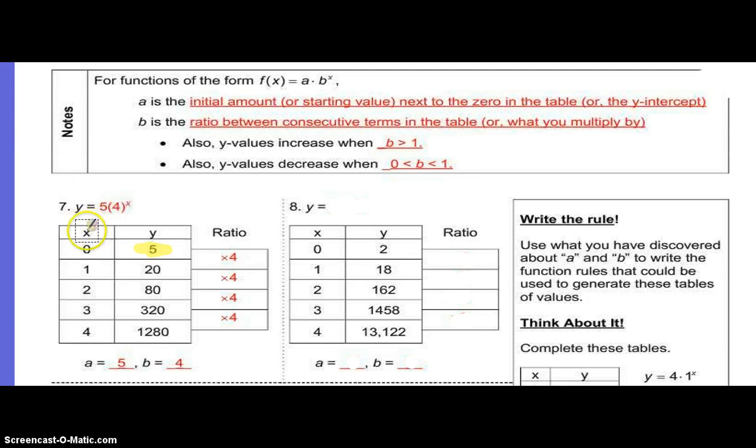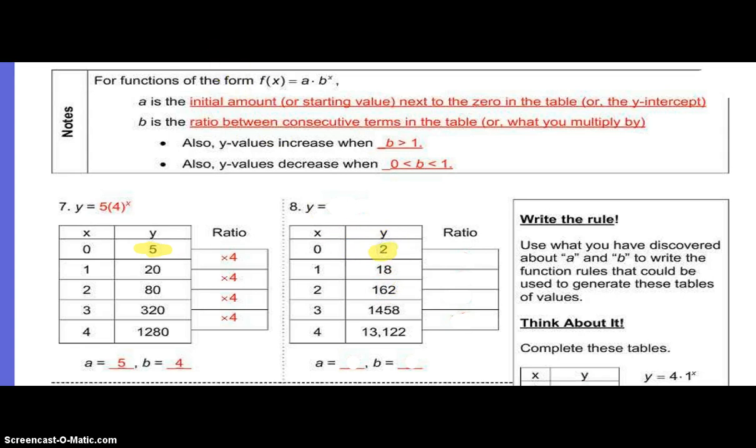Now take a moment and I want you to work 8 on your own. Okay, if that wasn't enough time, I want you to go ahead and pause the video so you can complete it before I give you the answer. So looking at my value where I have 0, I have a 2.